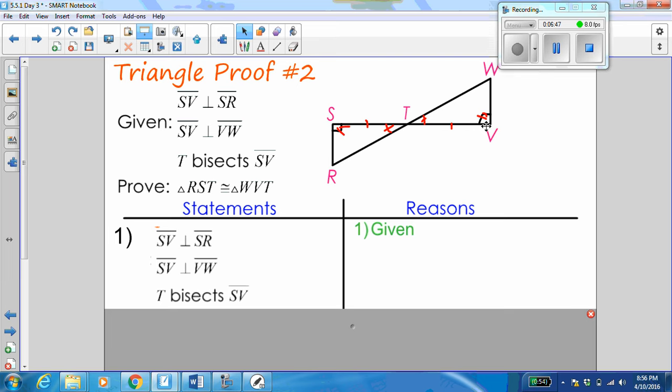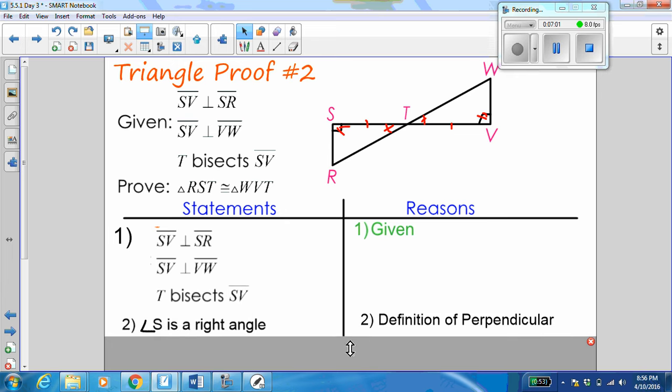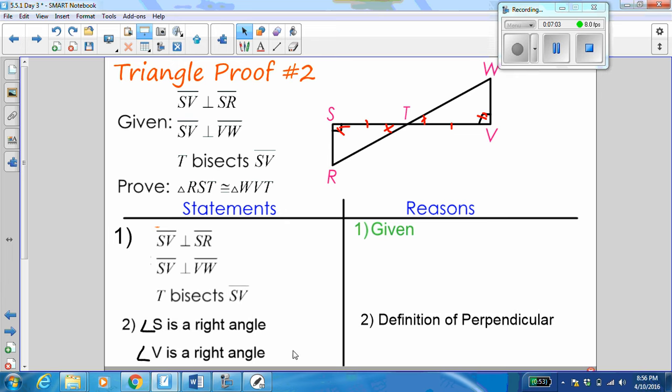The fact that line segment SV is perpendicular to line segment WV means that I'm going to have a right angle right there at vertex V. So let's write that down, make that our second step. That angle S is a right angle and angle V is a right angle because that's the definition of perpendicular.